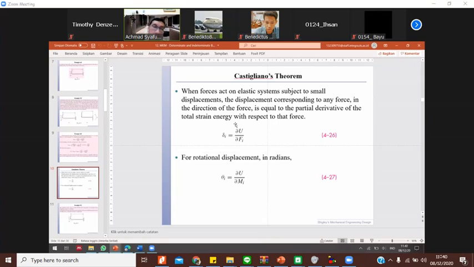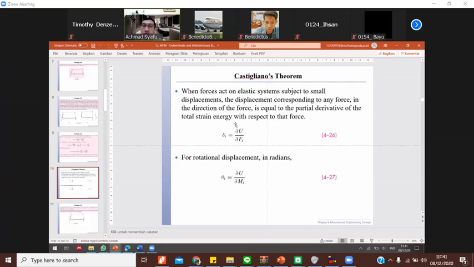There are two theorems. The first one is regarding the displacement, and the second one is regarding the angle or rotational displacement. So the displacement or vertical displacement equals the partial derivative of total strain energy with respect to that force.